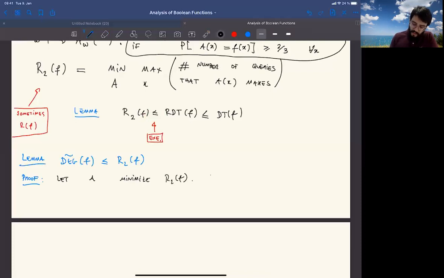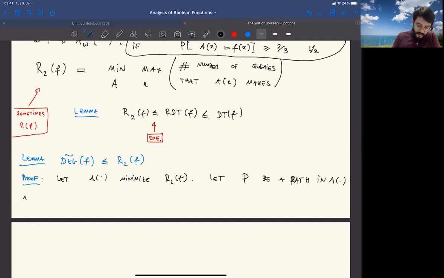Then let P be a path in A. So that's a random path.